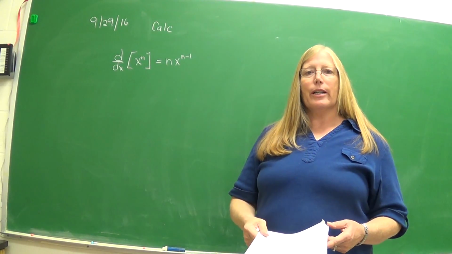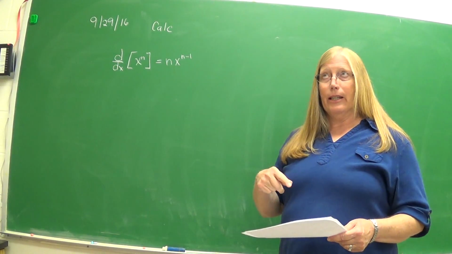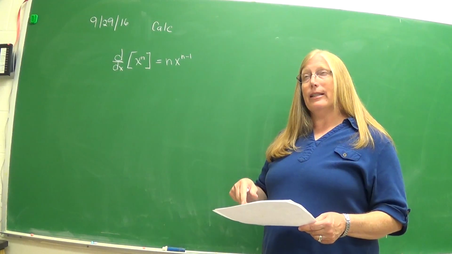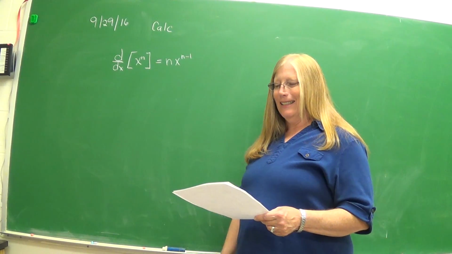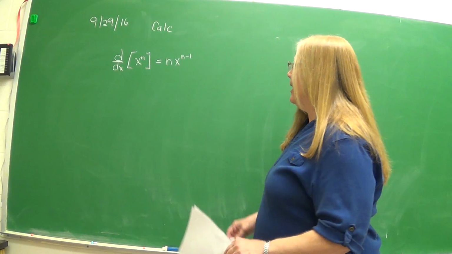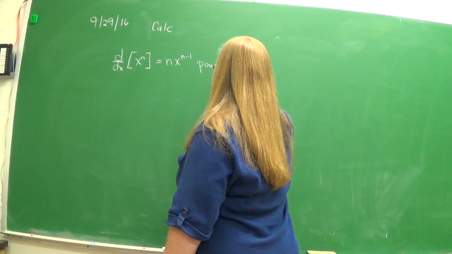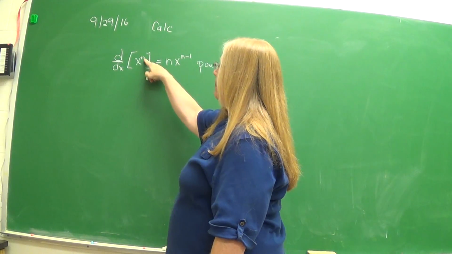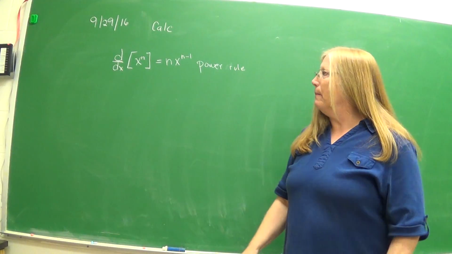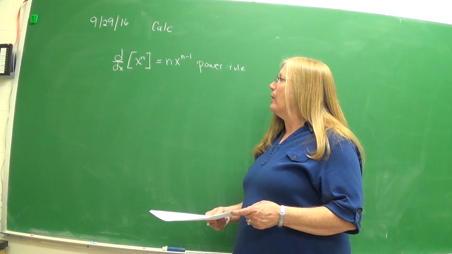And it seemed to work in all of those examples that we tried the last 2 nights. We call that the power rule because it's dealing with an expression raised to a given power, and that number can be a fraction, it can be a negative number, and so forth.